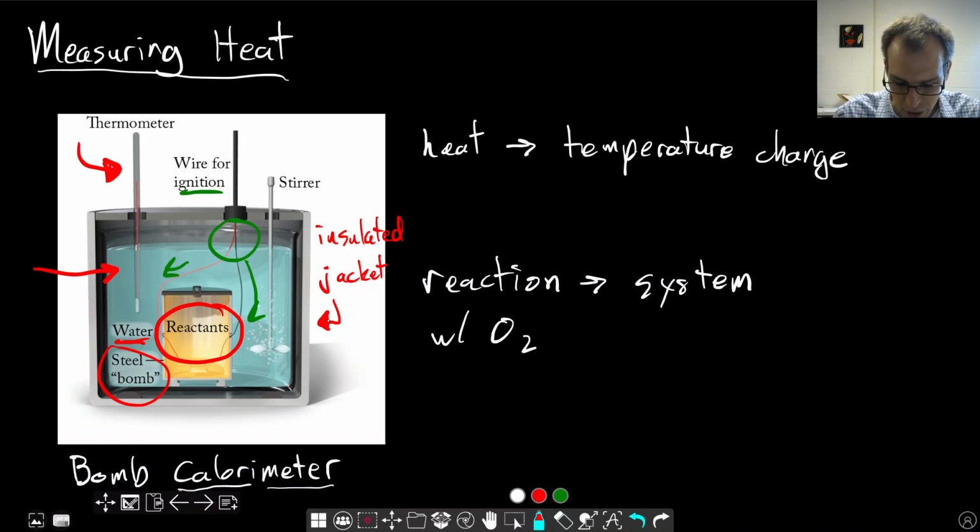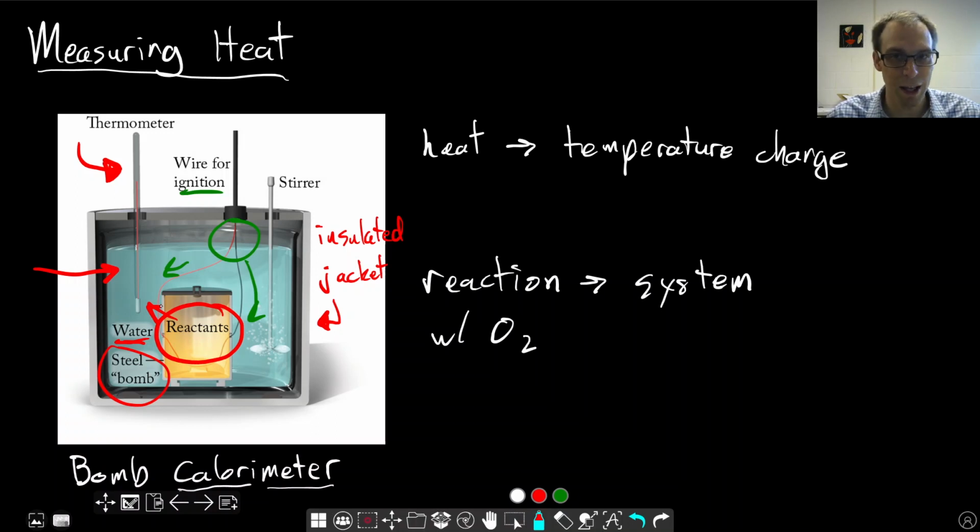So regardless, whatever happens inside of our system here, we're going to get heat exchange with the water that's around it, and with the steel and everything. And so you have a way of calibrating this to know how much heat it can absorb. So essentially, you measure the heat capacity of the whole calorimeter, kind of like we talked about molar heat capacities or things like that.